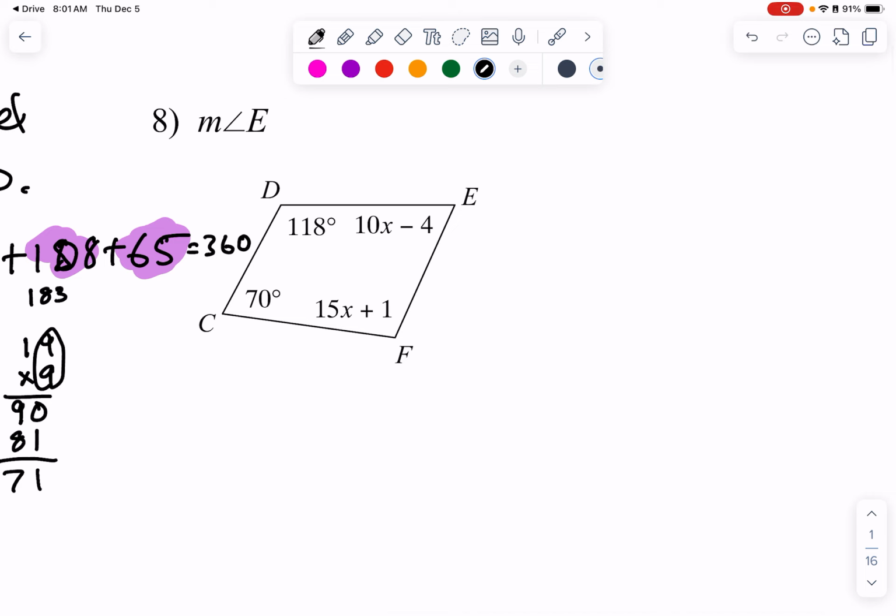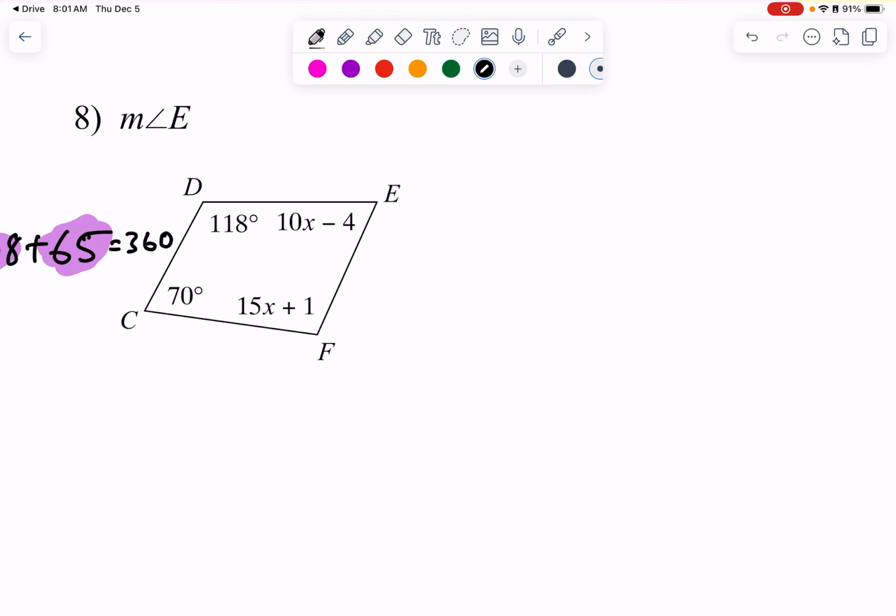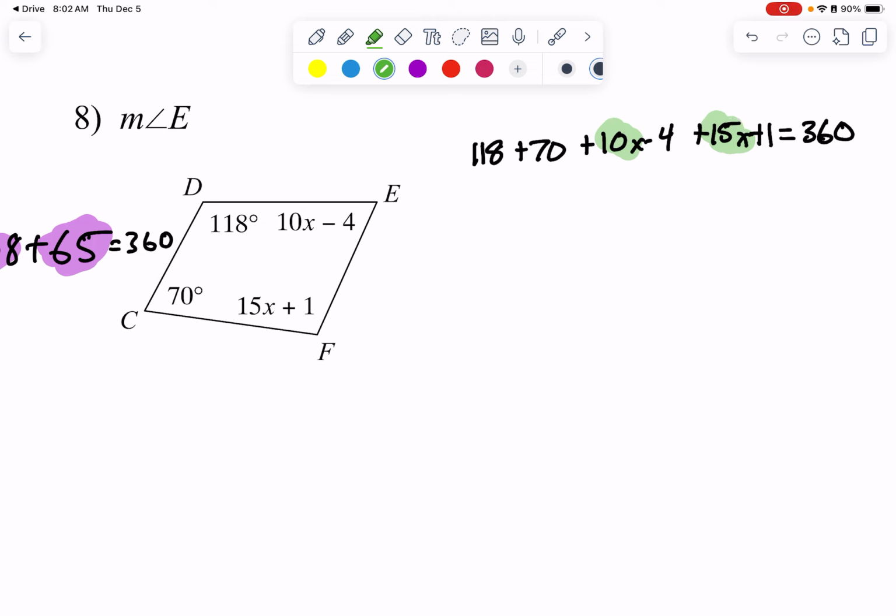All right, let's do the same thing over here. We're going to take the 4 angles, add them up, and then we're going to set that total sum equal to 360. Now I can combine some like terms. I have my 10x, my 15x. Those will combine to 25x.